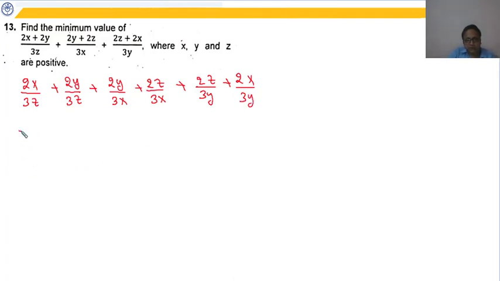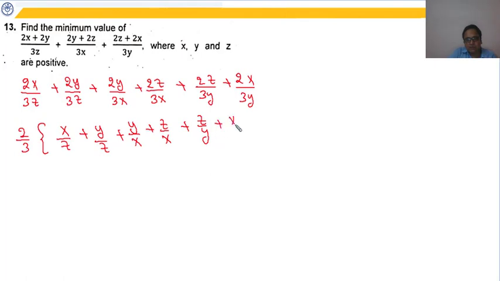Ideally, we take 2 by 3 common initially throughout. So the first term becomes x by z, then y by z, then y by x, then z by x plus z upon y plus x upon y. Now 2 by 3 is outside.